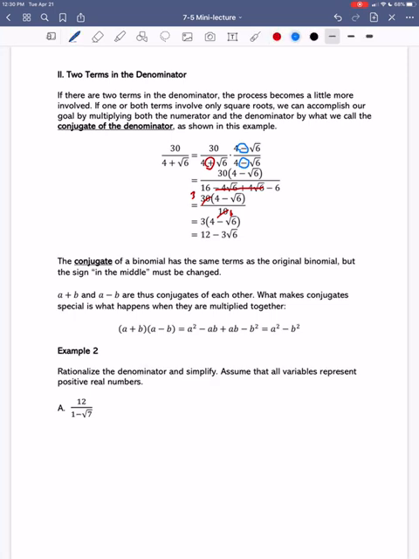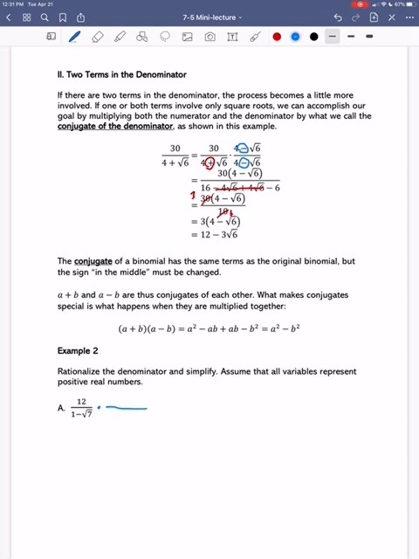All right, so if I look at this and say, okay, the directions say to rationalize, I count how many terms are there in the denominator. I've got 2 terms, 1 and negative square root of 7. So if there are 2 terms, I can't just multiply by the square root of 7. That's not going to work.